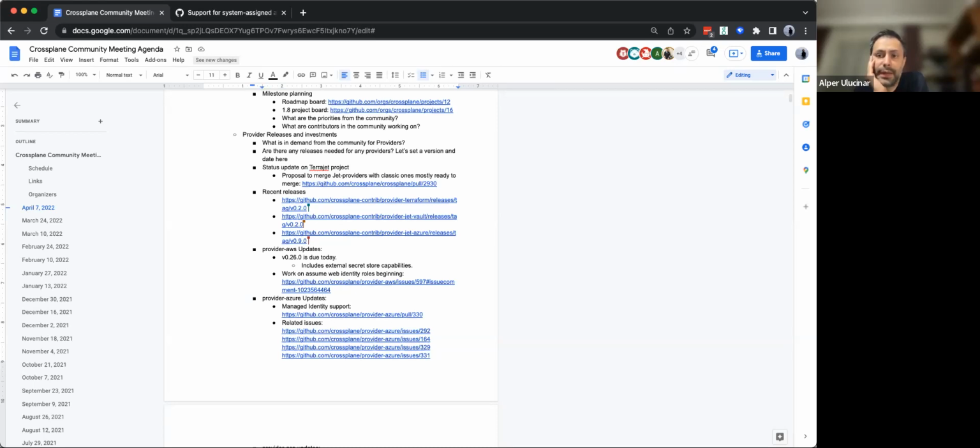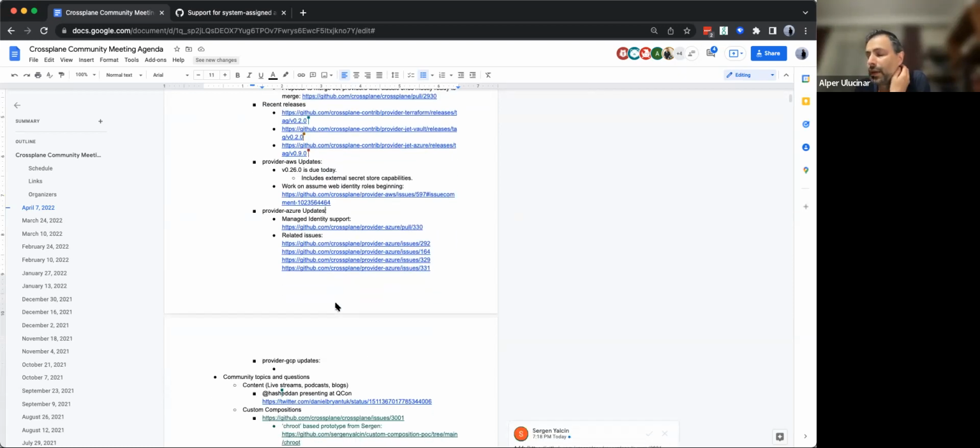I have also read about Jesse's scenario, and I'm very happy to hear that we will have Assume Web Identity support coming to AWS, or at least the effort is beginning.